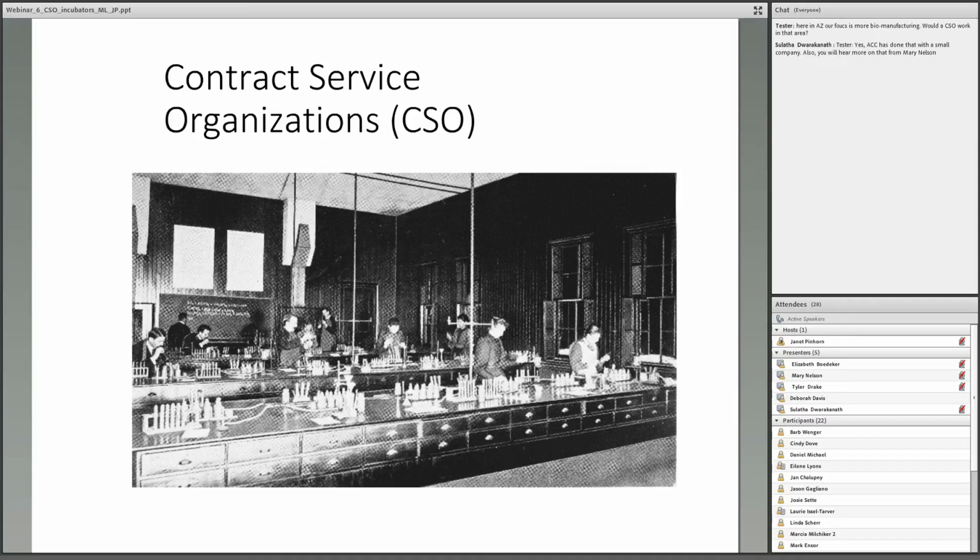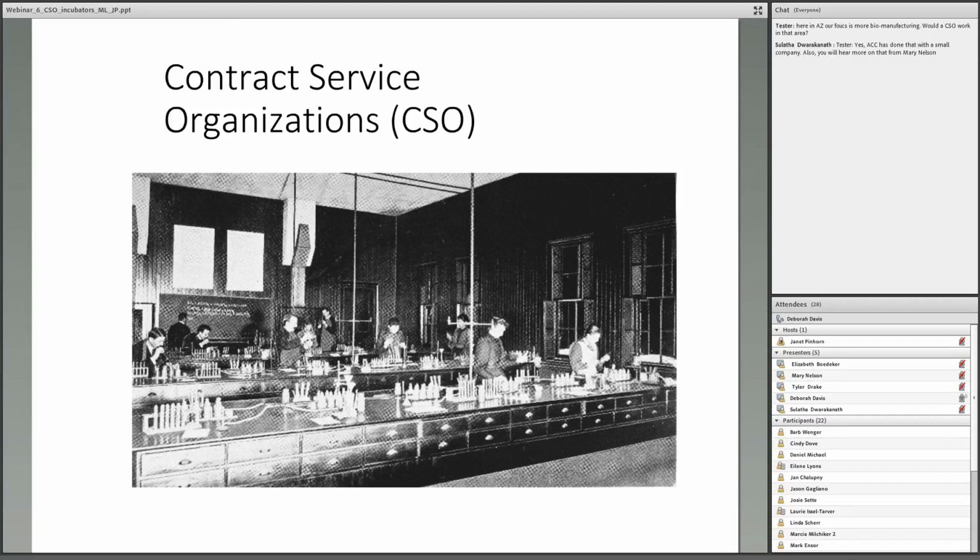So bioscience companies are particularly hard to serve, especially in my area, because many of them have very short lifespans and they frequently change personnel. And that's one of the problems that we want to solve with the contract service organizations. And then the problems are twofold, because educational programs need to establish long-term relationships.